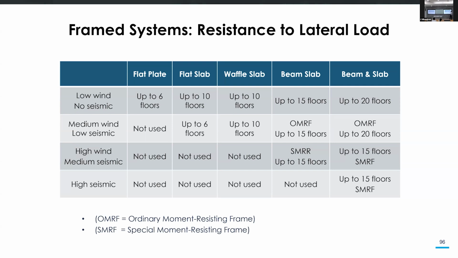You need to use a proper frame system up to 15 floors if you're not using another lateral load resisting system, which we will talk about next lecture. So if you're trying to use your gravity system also for lateral load, these are the limits. Unless you separate your lateral load system from gravity load, then there's not a problem.